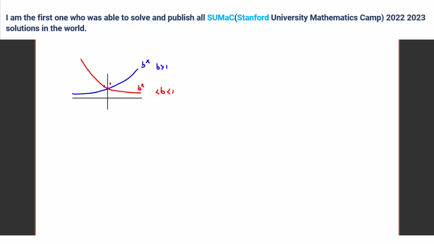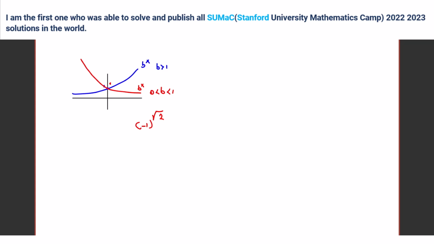B should be greater than 0. Exactly. Because when you have a negative number, for example, negative 1 to the power of root 2, we know negative 1 to the power of even numbers is 1, negative 1 to the power of odd numbers is negative 1, right? Yeah. So when we have root 2 something like that, that's the reason they define it for positive b, right?